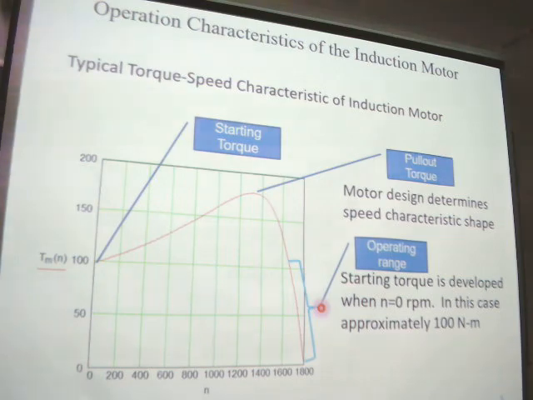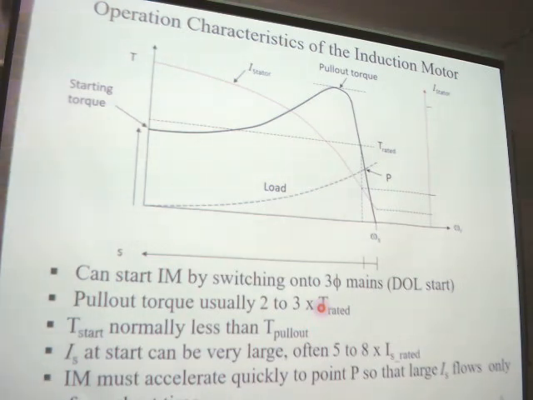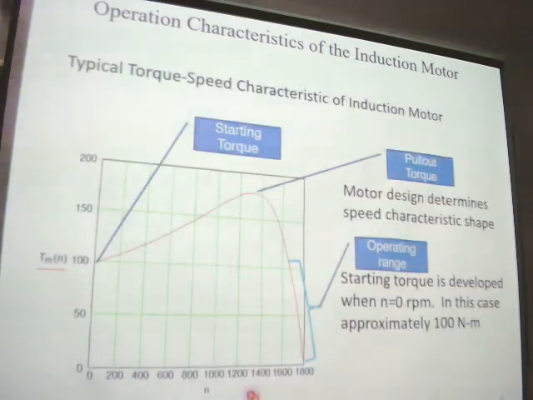This is the top speed characteristic. And we also see this graph is also torque versus speed, but the axis here is omega.